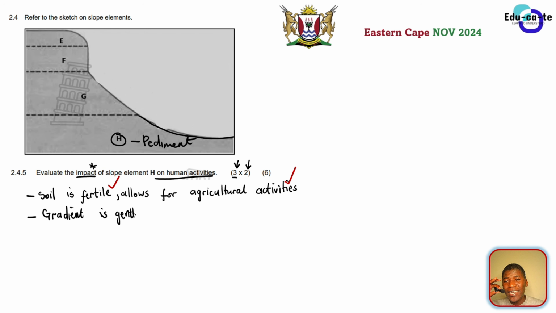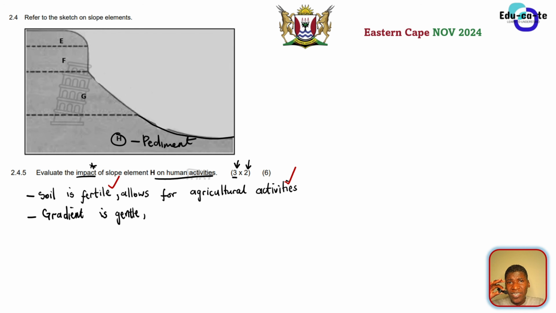Now, since we have got a gentle gradient at the pediment, how does that impact human activities? We've already mentioned that we have a flat gradient. What can we do on flat land? We can build, we can construct, we can settle there.